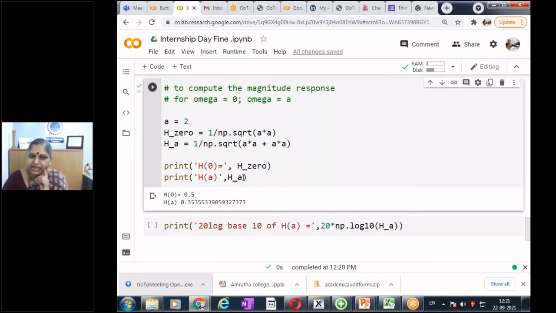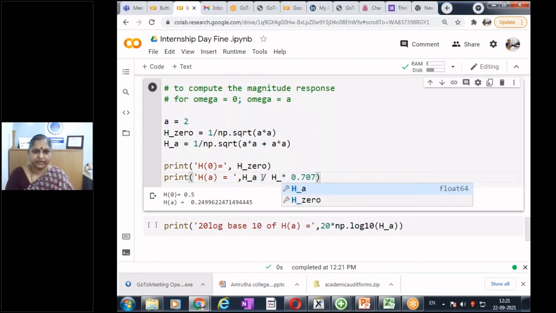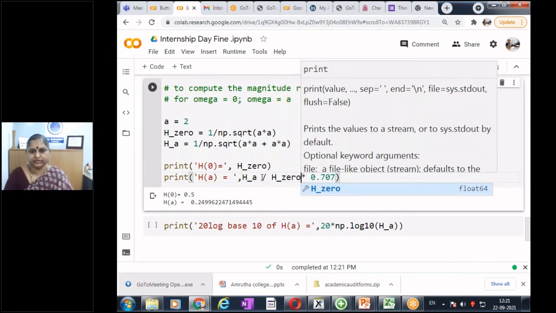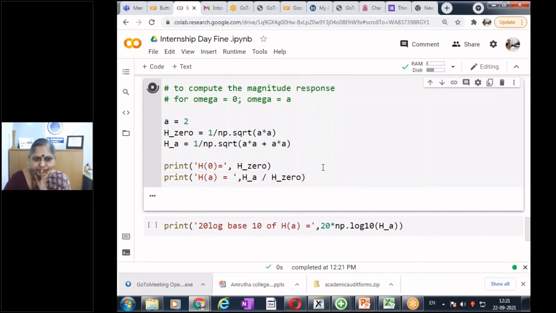Or let us say let me multiply h of a into 0.707, and then divide by h of 0. You see the ratio of h of a by h of 0 is 0.707.